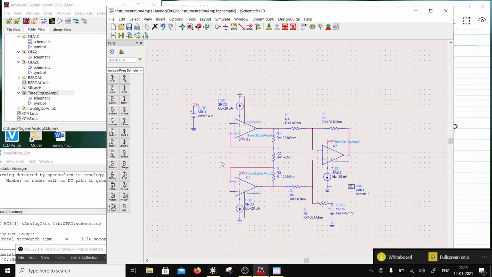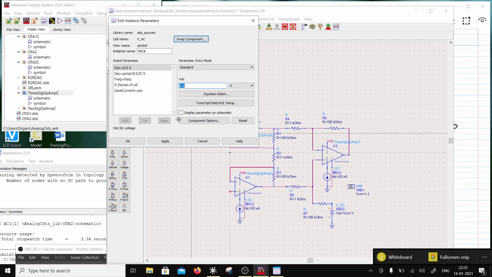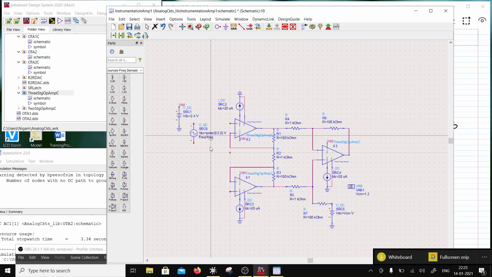Okay, so now I am going to put in here a signal, right? The two signals are going to be differential, and this will be the output, correct? So I will go to VAC. And in this case this will be 0.5, right? And this would have a DC value of VCM. And this will be grounded.